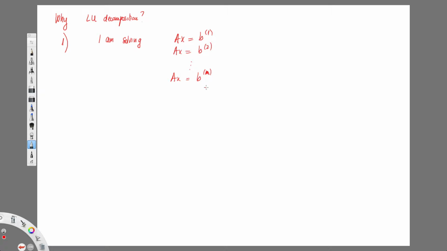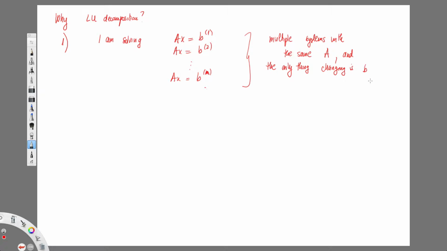So I'm solving multiple systems with the same A, and the only thing changing is the right-hand side b.